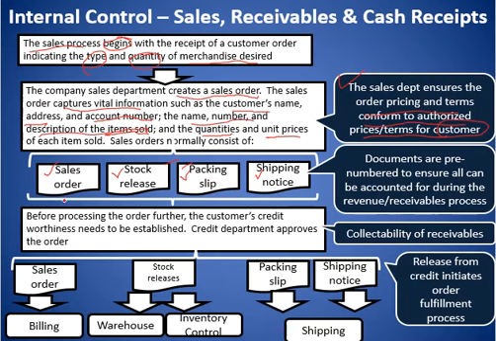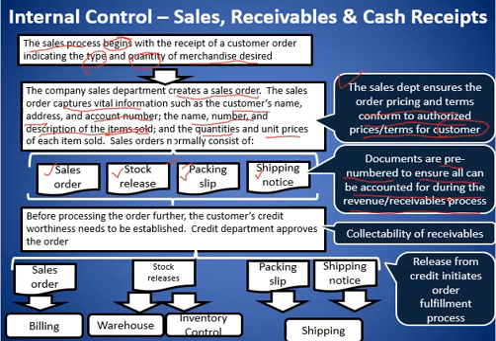Now, the other thing is that the sales order and all its copies, the documents here, are all pre-numbered. That's a very important control, because if everything is pre-numbered, that helps ensure all of these documents can be accounted for during the revenue and receivables process.